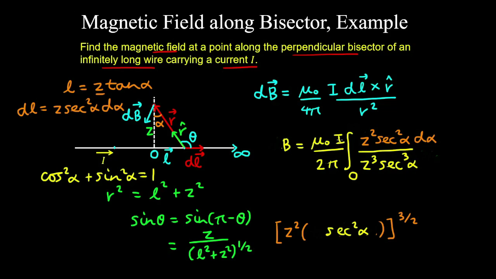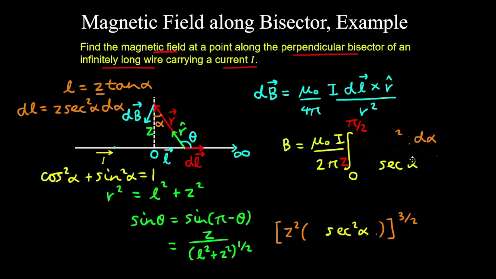So in this case, as L goes to infinity, alpha approaches pi on 2, or 90 degrees. And Z does not change with alpha. So Z squared on Z cubed gives Z in the denominator, so we can take this outside the integral. And sec squared on sec cubed alpha is 1 on sec alpha, which is cosine alpha.